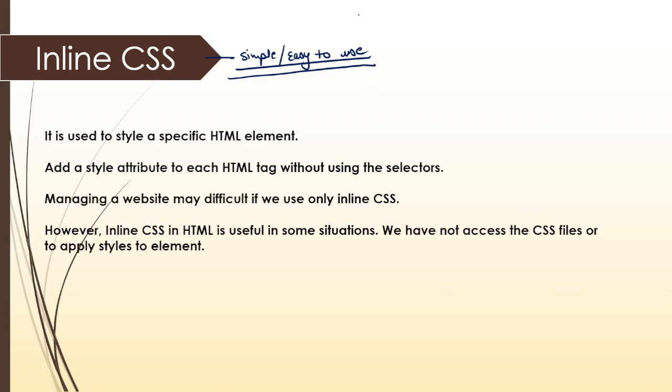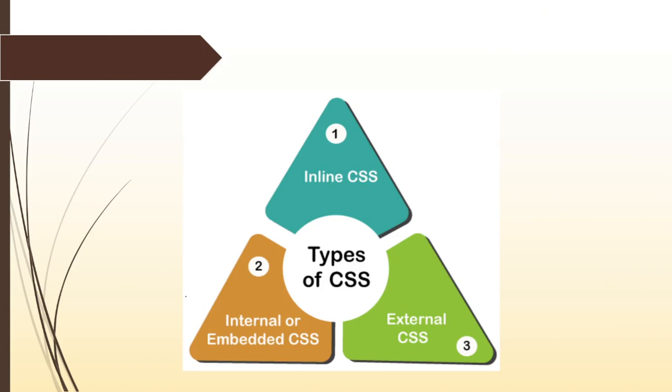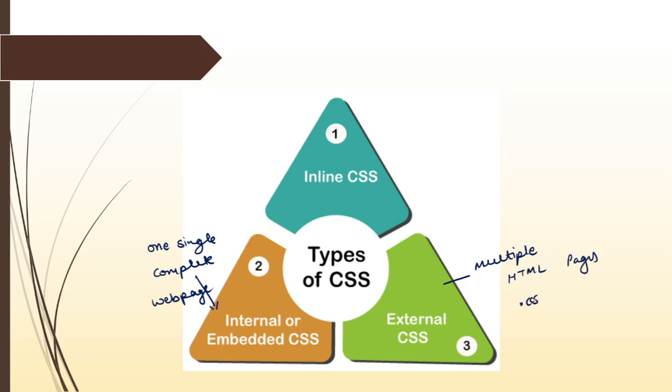Okay, so let me just clear one doubt here: if you want to use internal or embedded CSS, it works on one single complete web page, right? So we can join multiple HTML pages with a .css file if we use external CSS, right?